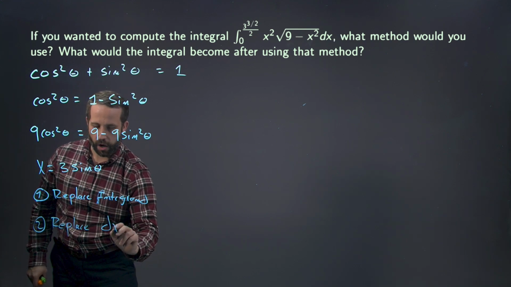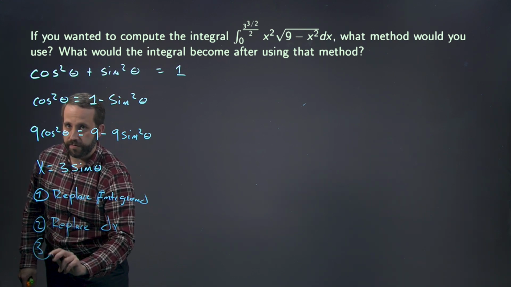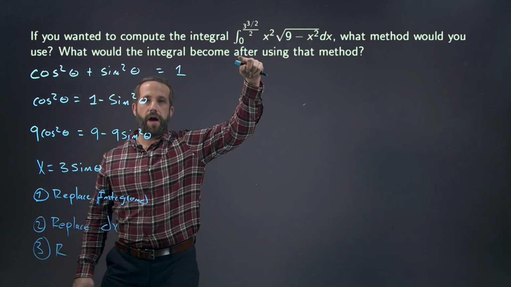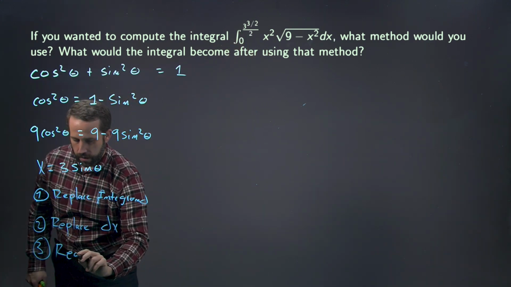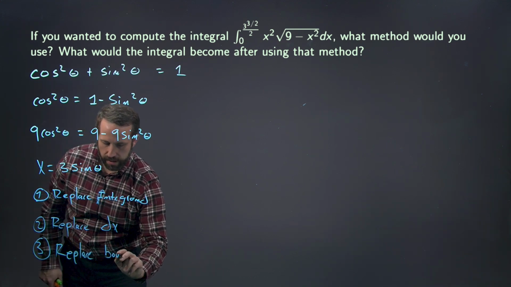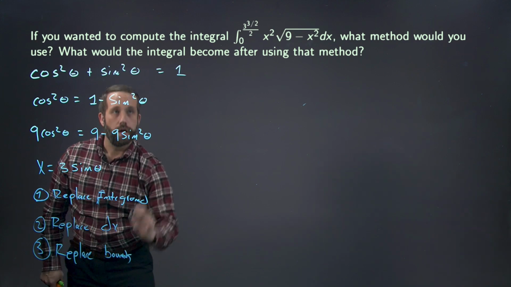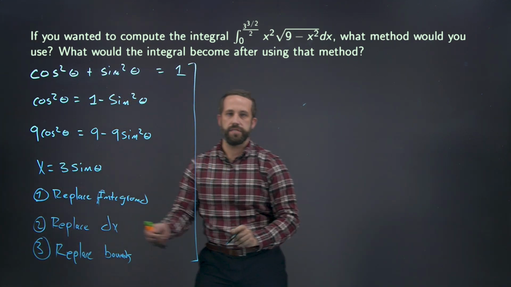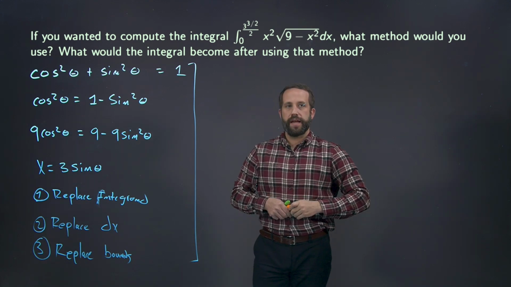In other words, figure out what dx is in terms of d theta. And 3, replace the limits, that is, the bounds on the integral. Okay, so that's what I'm going to do now. Of course, if you do this a lot, you don't have to write out all of these steps. But 1, replace the integrand.